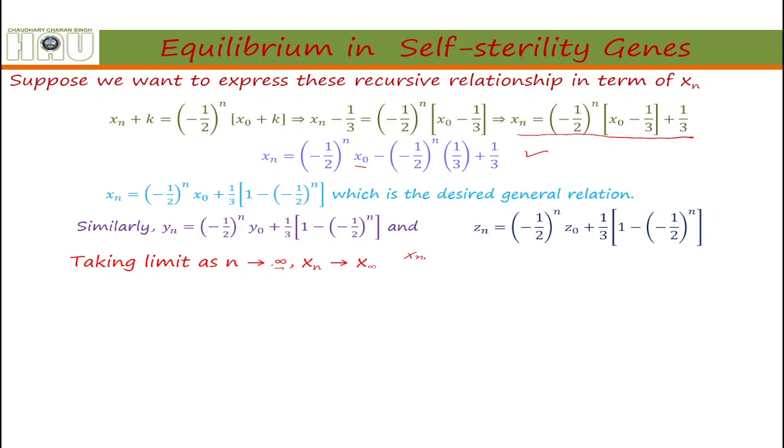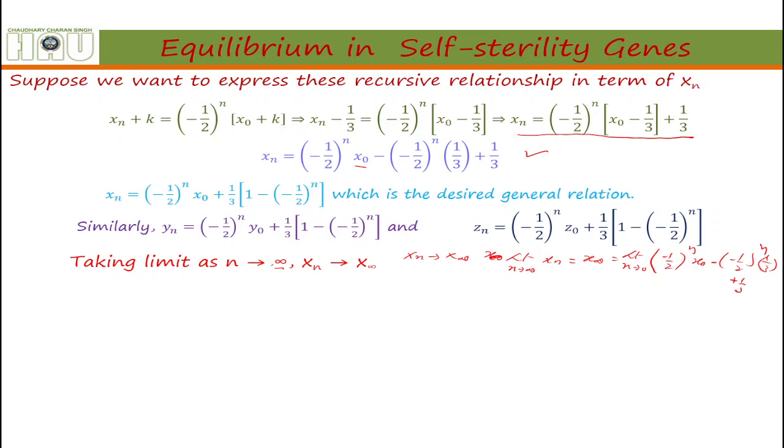So xn can be written as x infinity, and it is the limit as n tends to infinity of minus 1 by 2 raised to power n x0 minus minus 1 by 2 raised to power n times 1 by 3, plus 1 by 3.